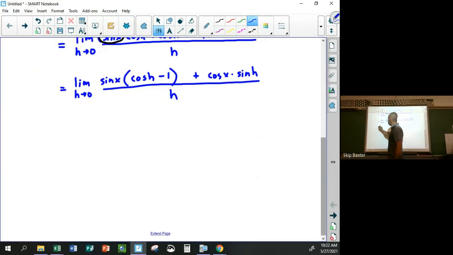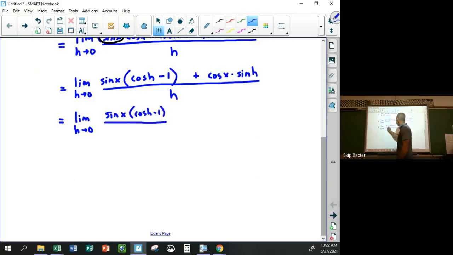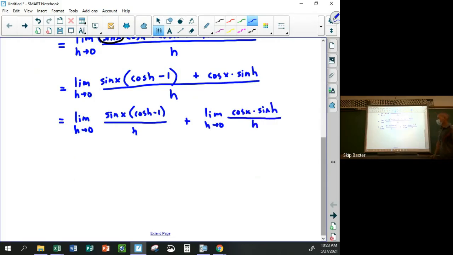And then I could split this up into two limits: the limit as h goes to 0 of sine x times (cosine h minus 1) over h, plus the limit as h goes to 0 of cosine x sine h over h. Because this fraction, (a plus b) over c, you can split up to be a over c plus b over c, right?